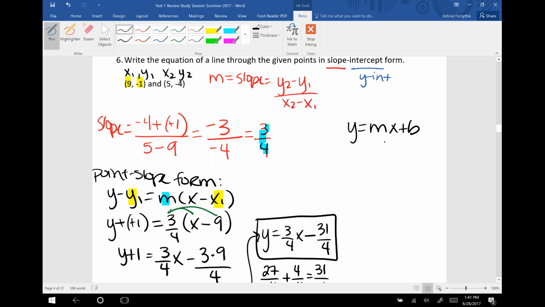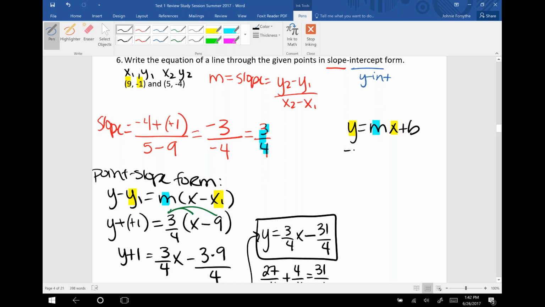You can use the yellow one that we have. You have the slope. You're going to solve for b, and then just go back and plug it into your equation. So this x and this y will come from the point that you chose. Your m, of course, is your slope. You're going to solve for b. So I'm just showing you another way to find the answer.